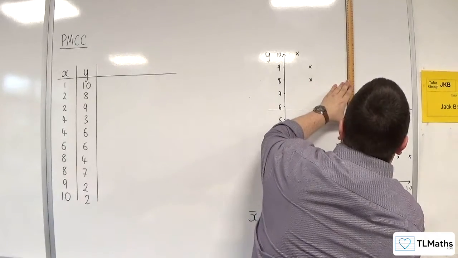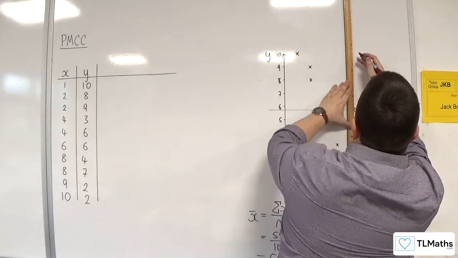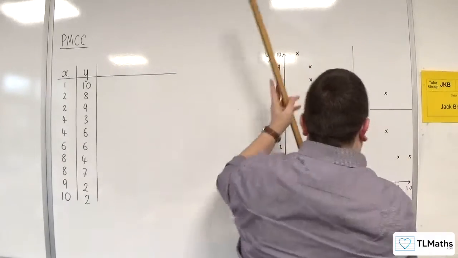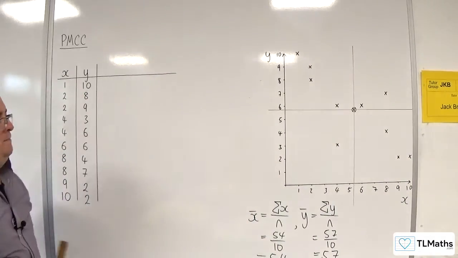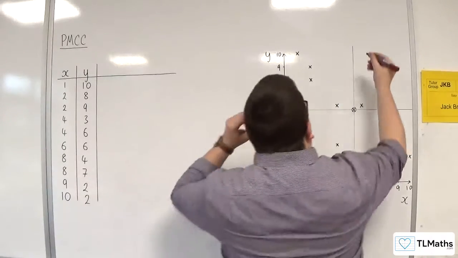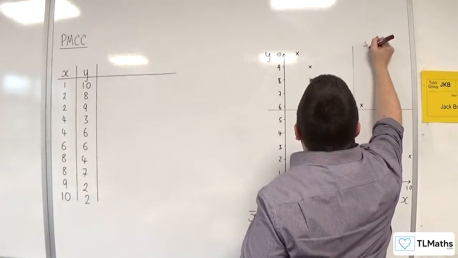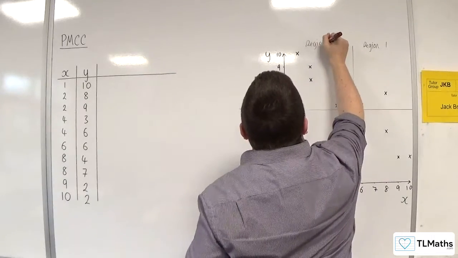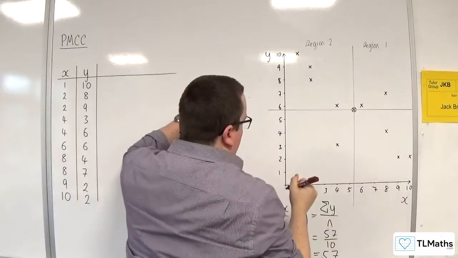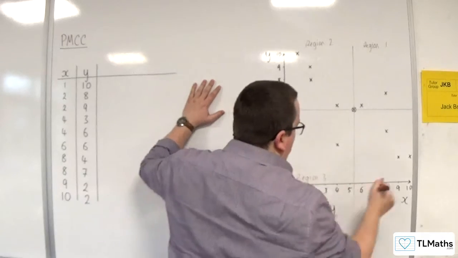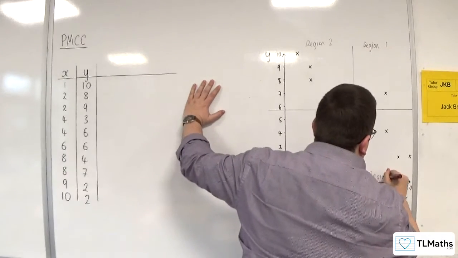Something like that. Okay, and I'm just going to call this region 1, that one region 2. The numbering doesn't really make a whole lot of difference, but it's just so that we can talk about them more easily. Region 3, and that one's going to be region 4.